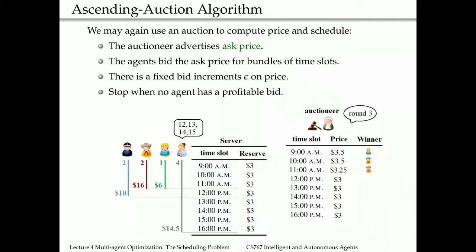And then the last guy says, okay, he just bids on 12, 13, 14, 15 because they currently have the lowest price. And you notice that he has the latest deadline. So any of these time slots is good for this guy. So he gets all of these 4 time slots, right?